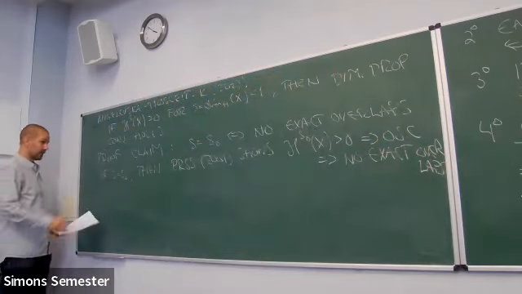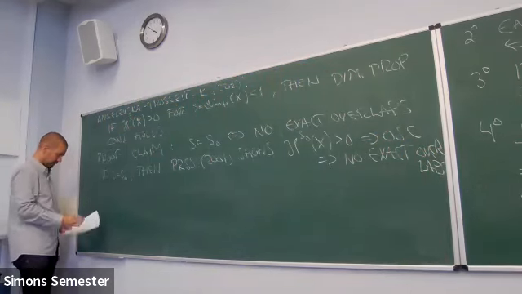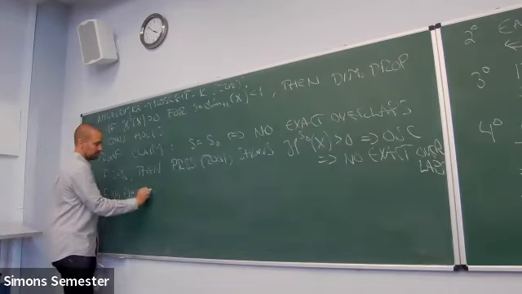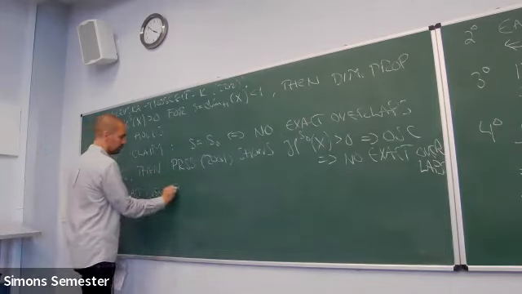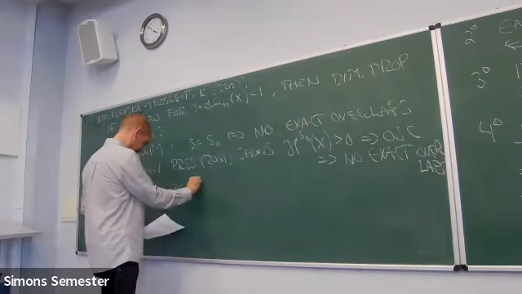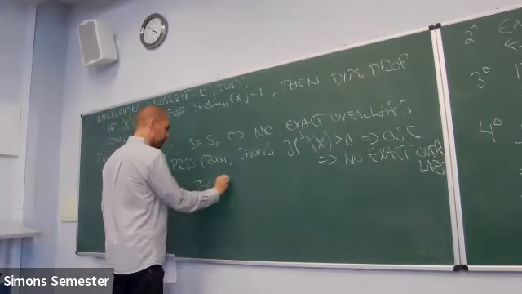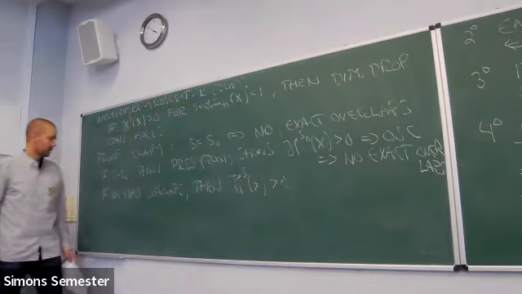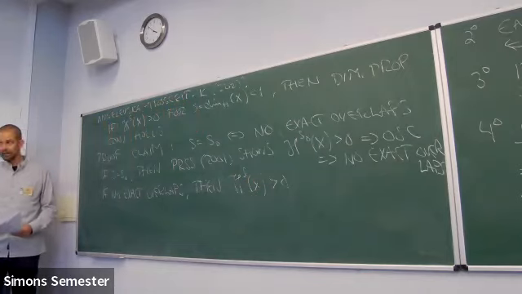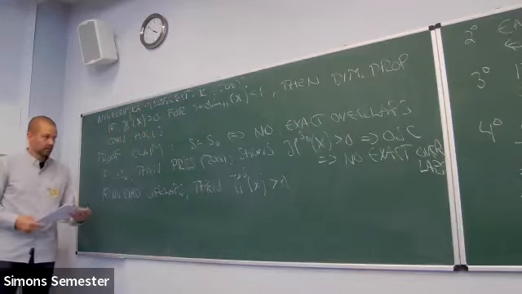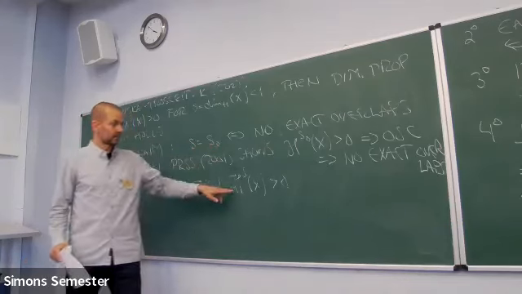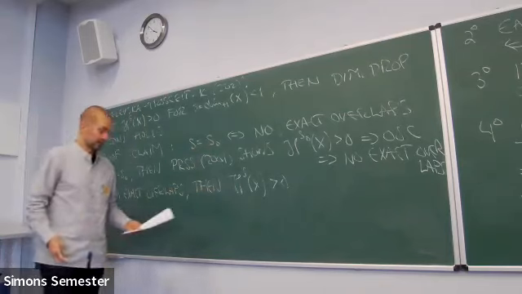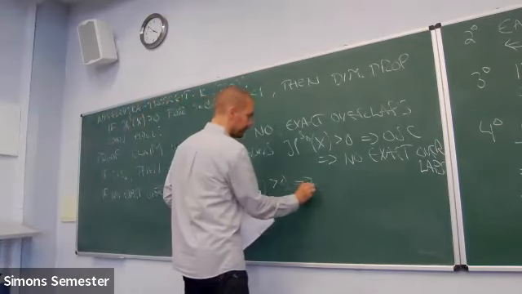Okay, and then the other way around. If there's no exact overlaps, then we just proved that positive S-dimensional Hausdorff measure implies the weak separation condition.